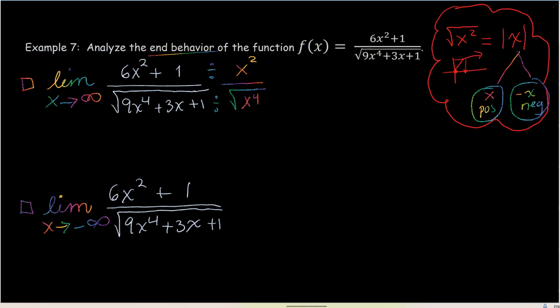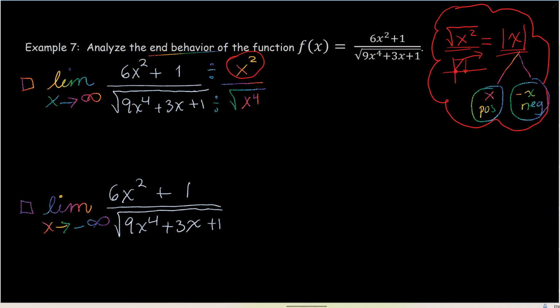yes and no, I guess. We really have to pay attention to what the square root of x to the fourth is, right? The square root of some number has to be a positive number. So is this a positive value? And the answer is yes. So that is an okay thing to say, right?